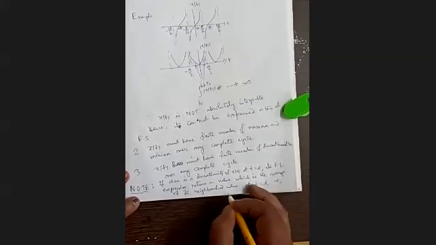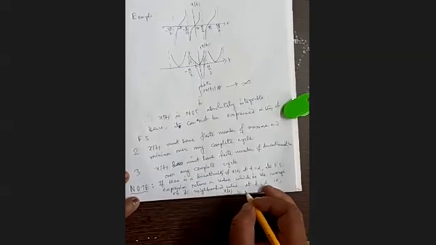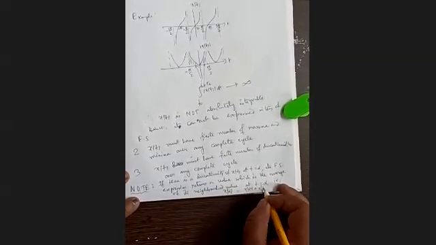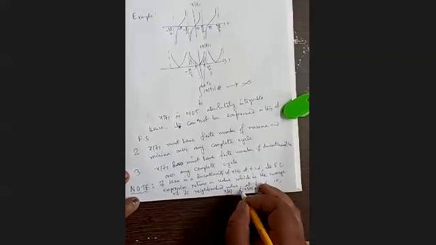That is, x(alpha) equals half of x(alpha plus) plus x(alpha minus).